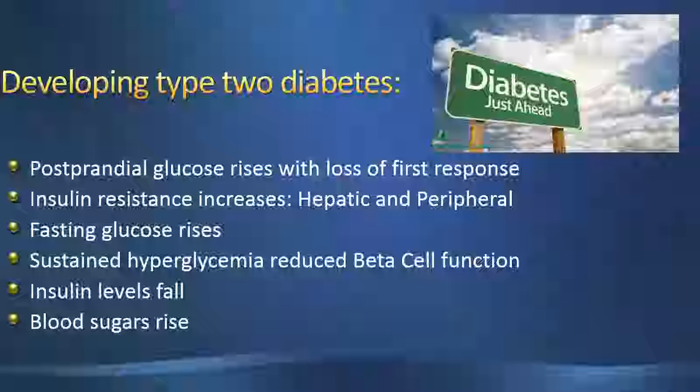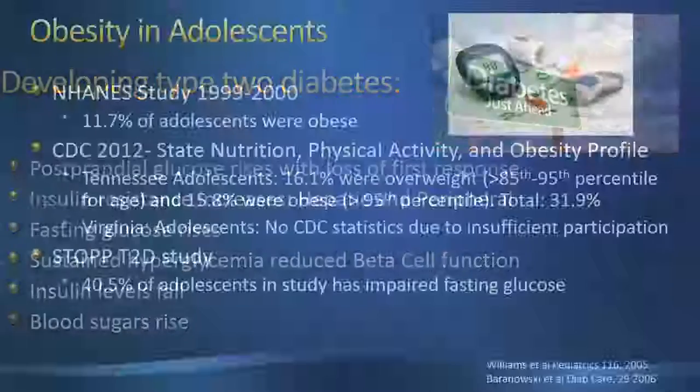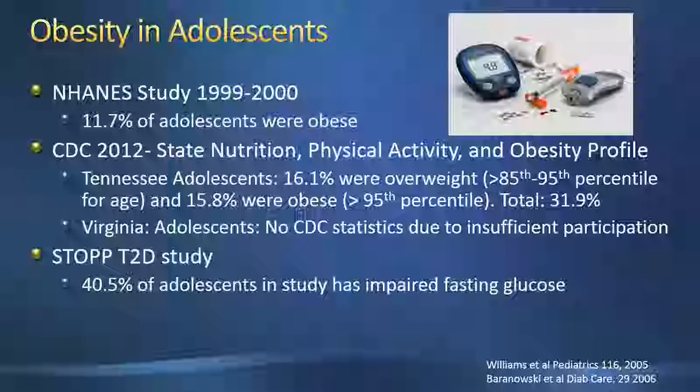And once those blood sugars are significantly over normal, hyperglycemia to some degree is actually toxic to the beta cell itself. So in type 2 diabetes, you do to some degree begin to lose some of your beta cell function. It's not quite like type 1, but you can almost end up in between. And then, of course, as insulin level falls, blood sugars continue to rise.